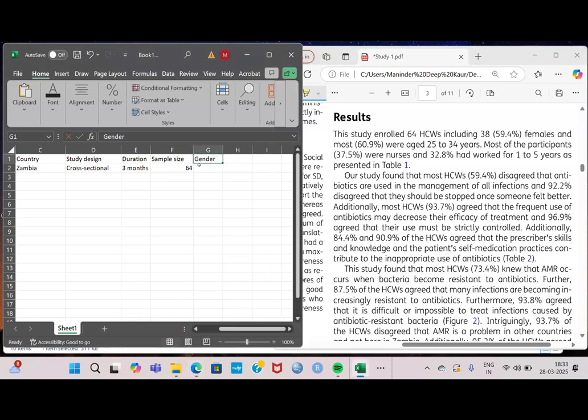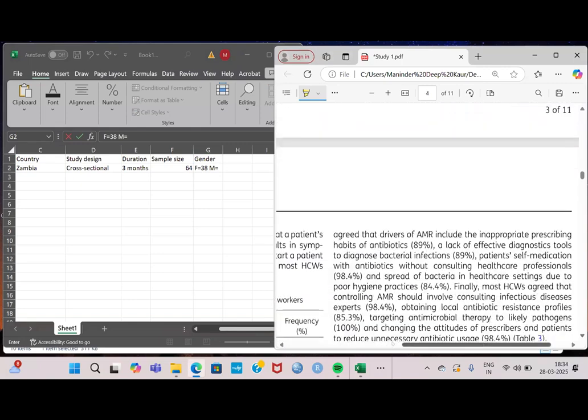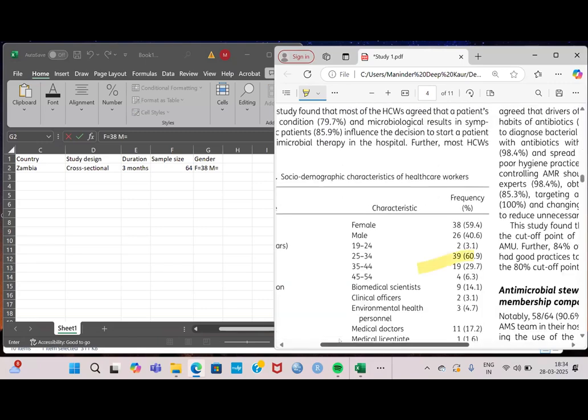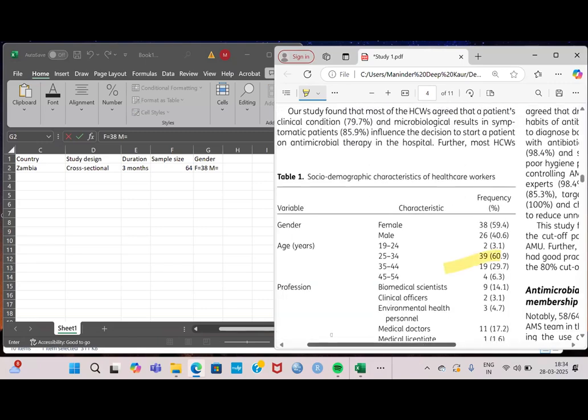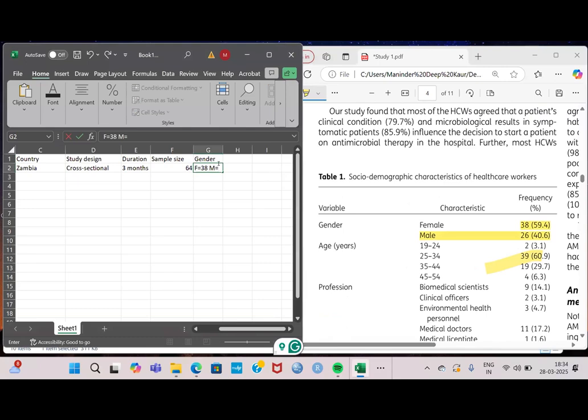So for female we can write down female equals 38. What about the male? They don't mention it here, but they do mention it in the table. So we need to look into the table first. Yes. So see, male and female. So I will enter male 26, female 26.